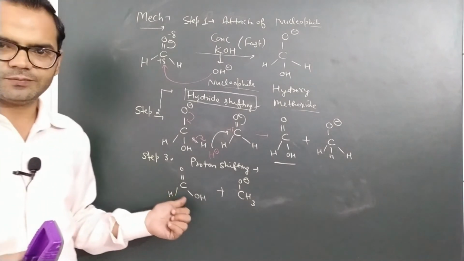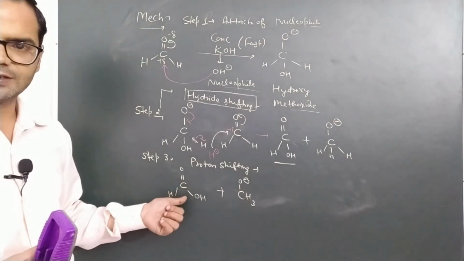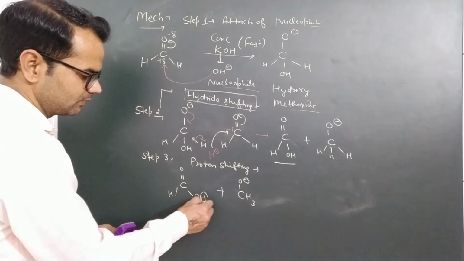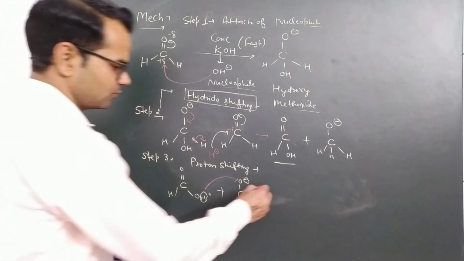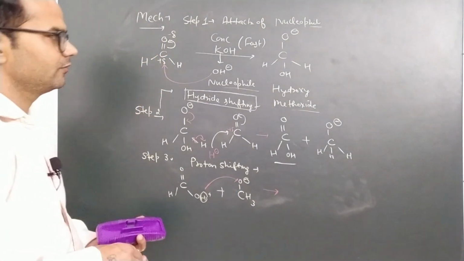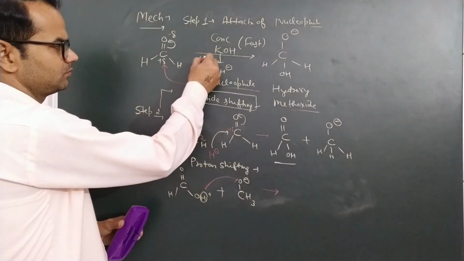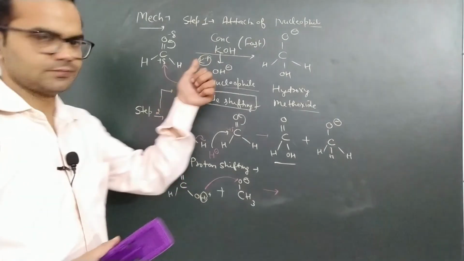This is formic acid formed. Acid gives hydrogen, so this proton H positive is shifted to the alkoxide, and initially we have potassium ion also present from the KOH.